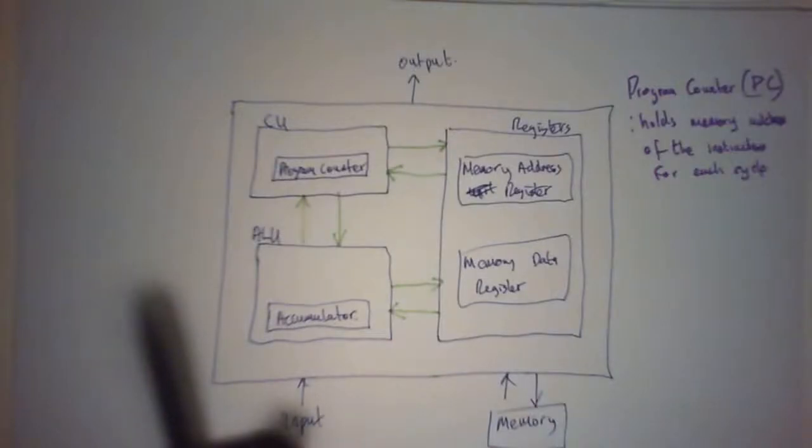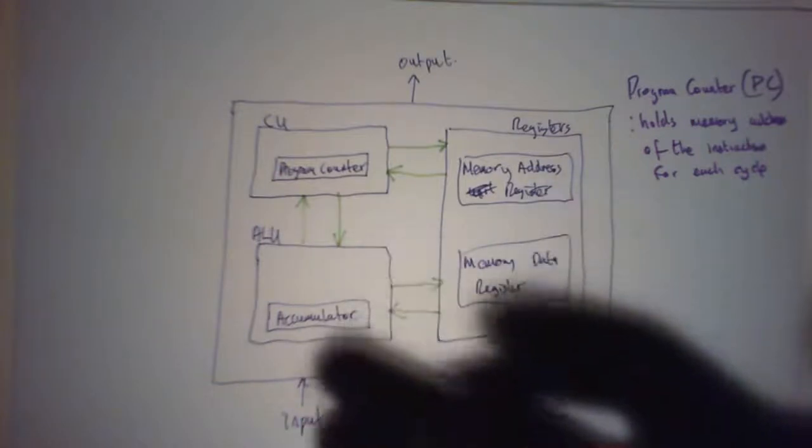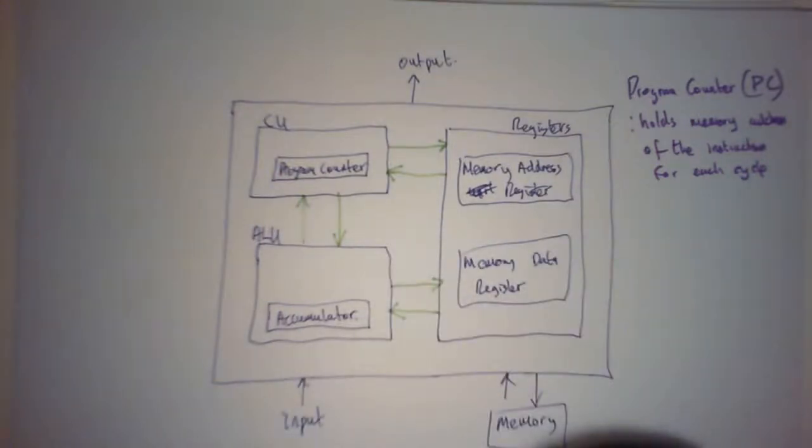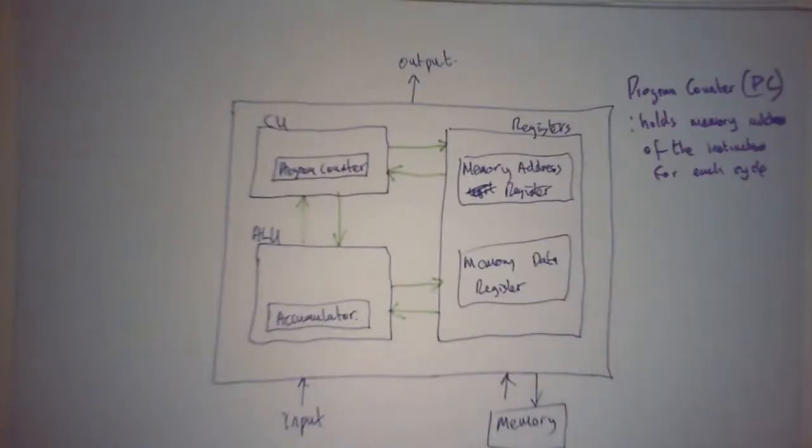Simple as that. It holds the instructions. So it's a list of instructions in there, and each instruction has an address. That's all it has in there.